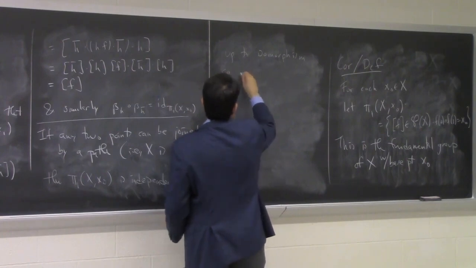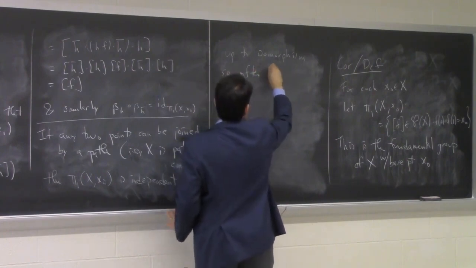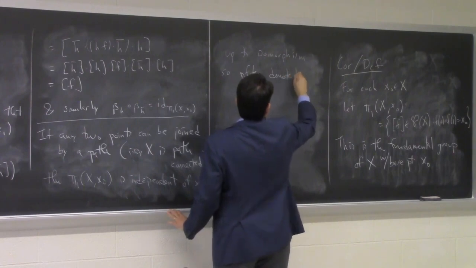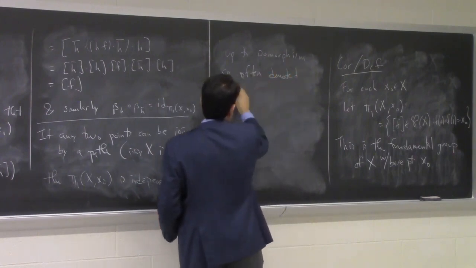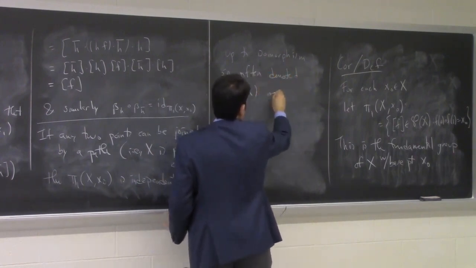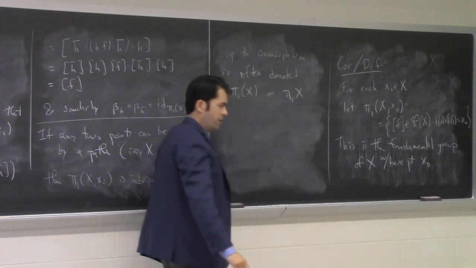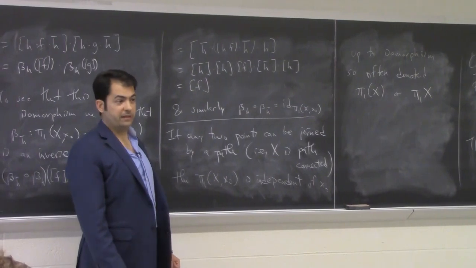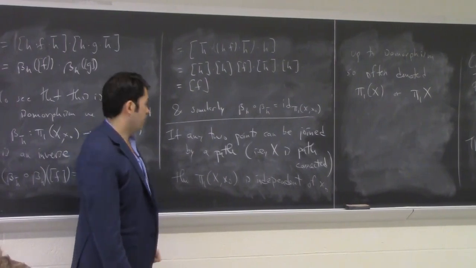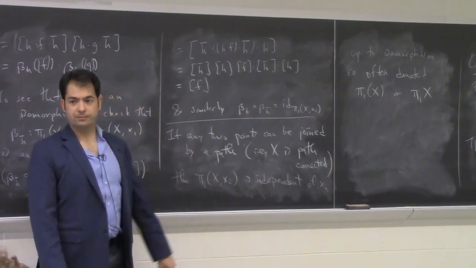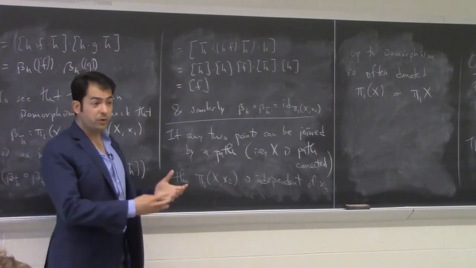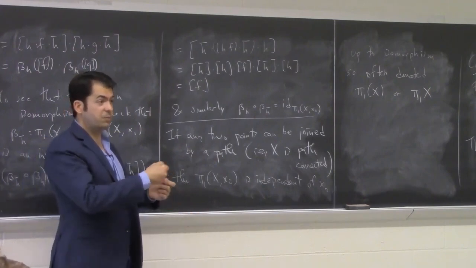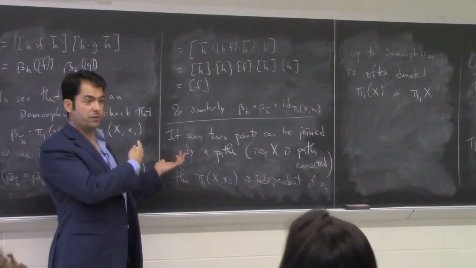So it's often denoted just pi 1 of x, with or without parentheses. Right, so we leave out the base point if we're working on a path-connected space because we don't care. We get the same group. But it's always implicitly there. The loops have to be based at a point so that you have an operation.